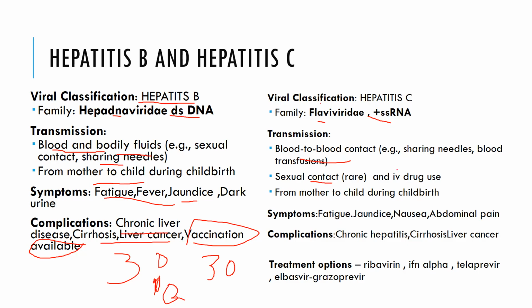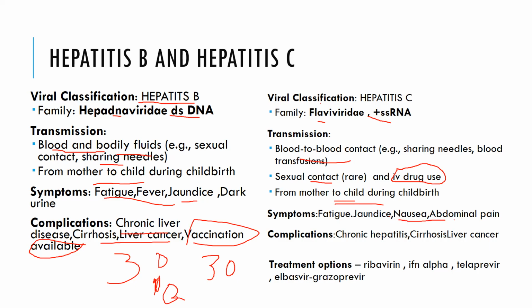Currently the trend is that the infection is high amongst those that use IV drugs, especially clients who do intravenous injection of heroin or methamphetamine or the rest. It can also be passed from mother to child via vertical transmission, and still the symptoms are similar.